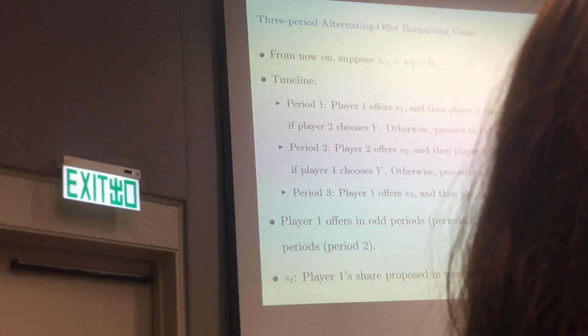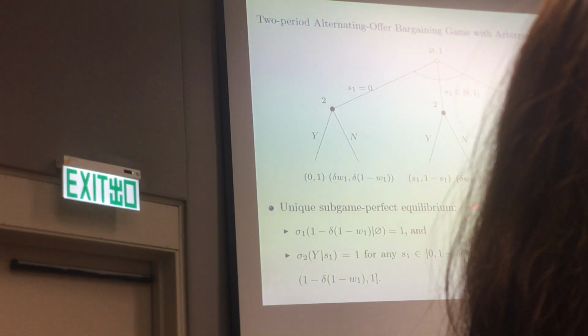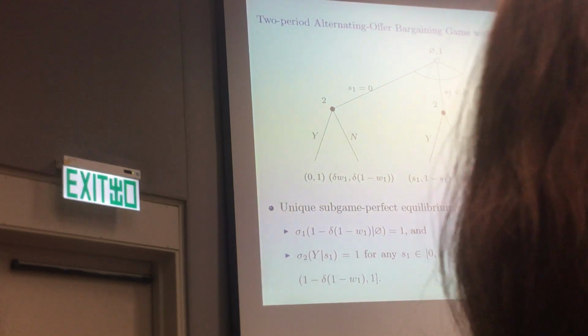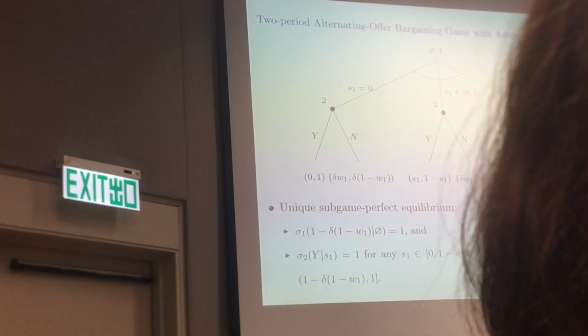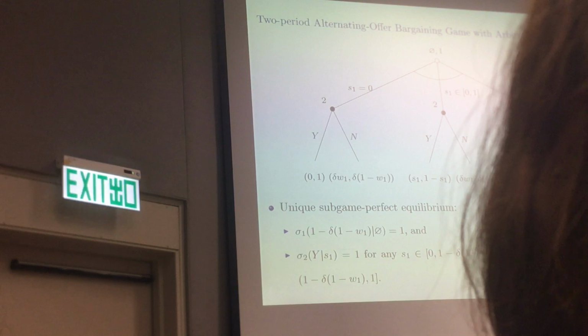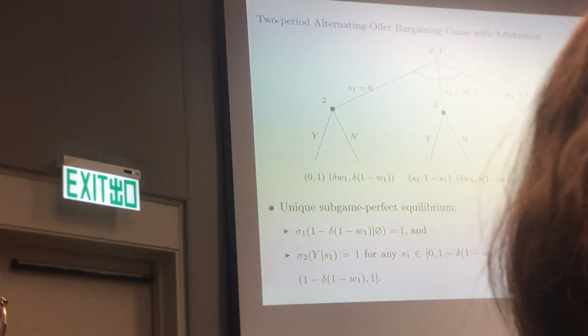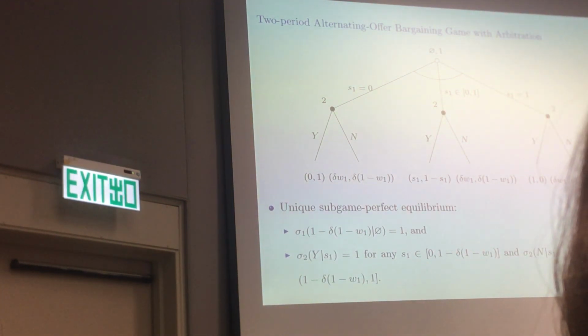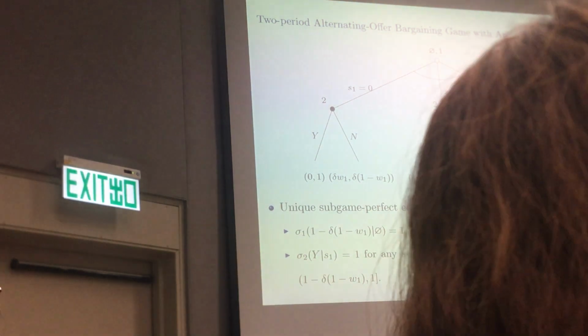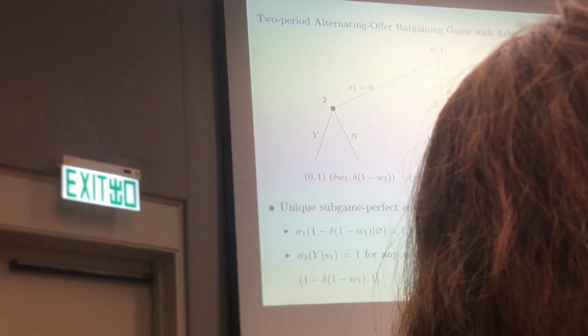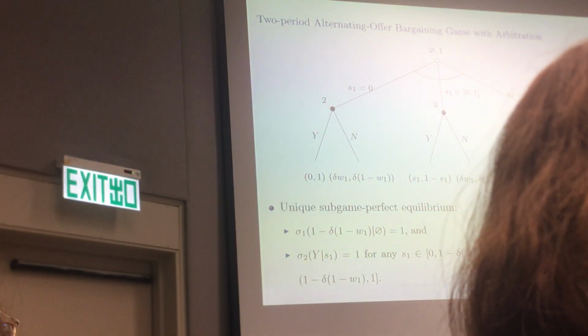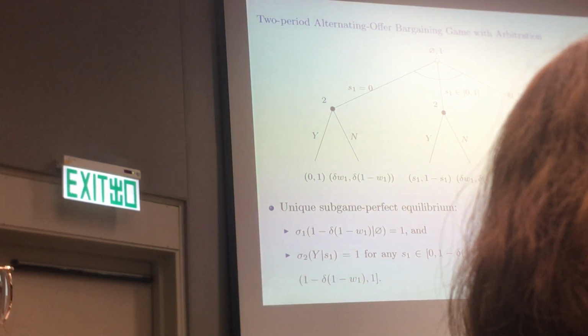And I just write down that payoff here. This is the payoff for player 1 if player 2 says no in the first period, and this is player 2's payoff if player 2 says no. If you get to that point, then what happens in the first period is also another version of the ultimatum bargaining game, and we know what happens in that game.